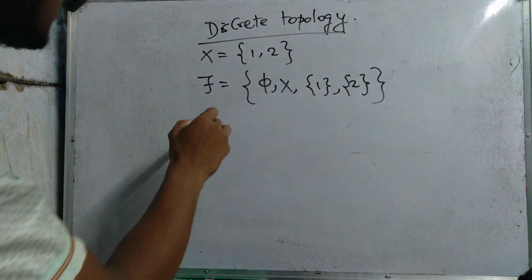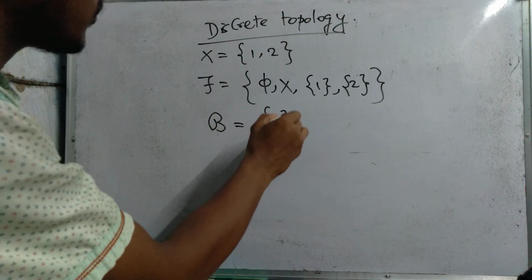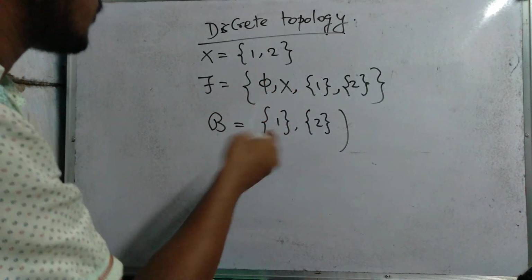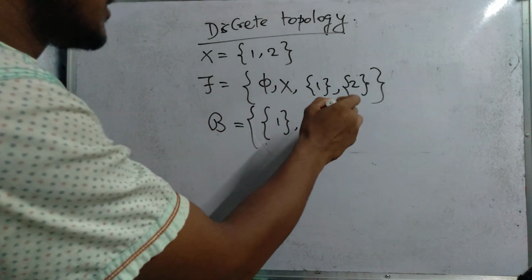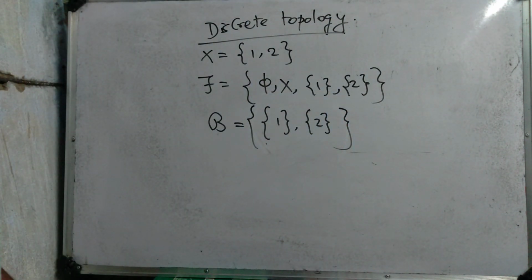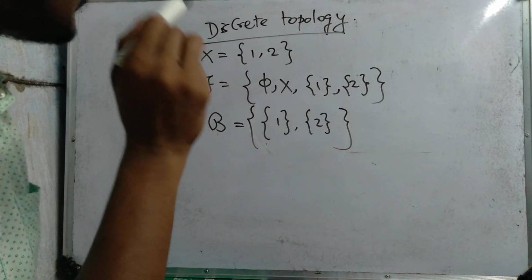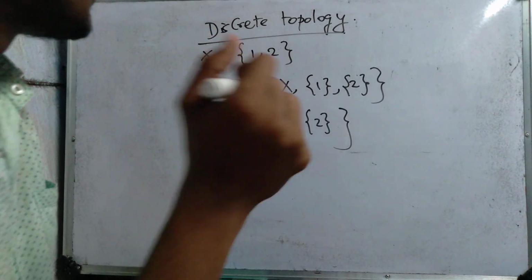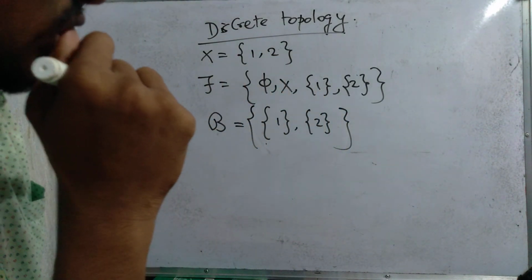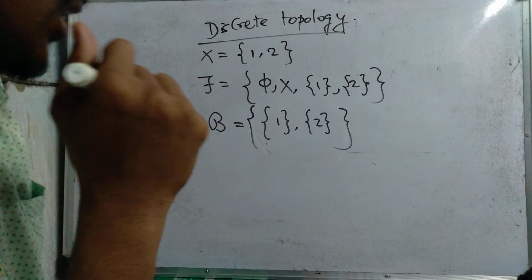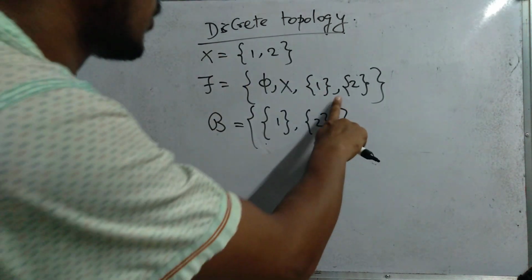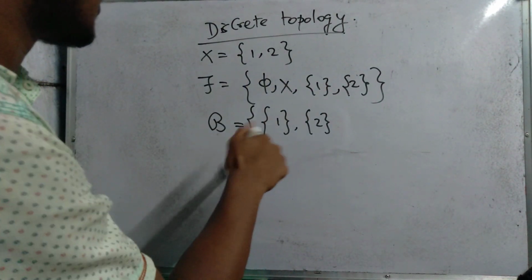Here the basis elements are just singleton 1 and singleton 2, because these two generate every element.